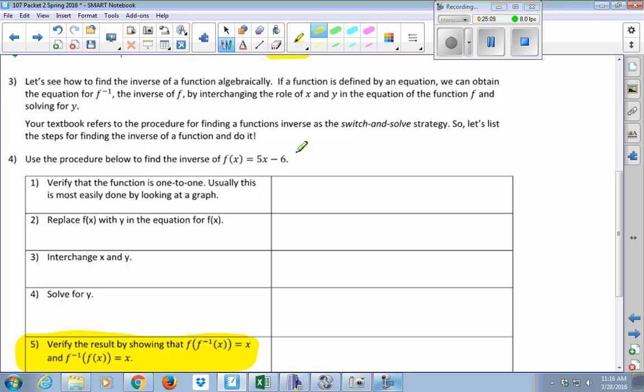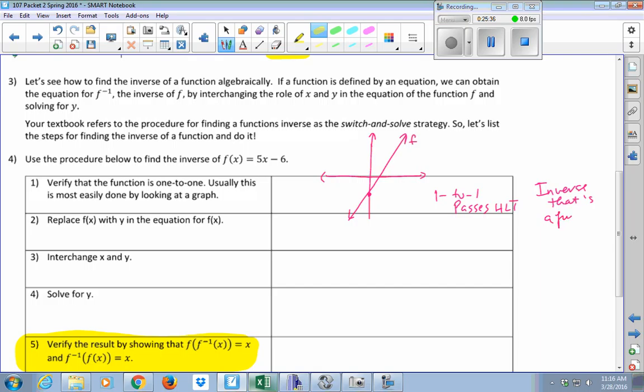So yes, this is 1-to-1, and if we wanted to, we could put a little picture of this. 5x minus 6, so it goes something like this. Okay, so this would be f. So it's 1-to-1 because it passes the horizontal line test. So we know it has an inverse function. An inverse that's a function.